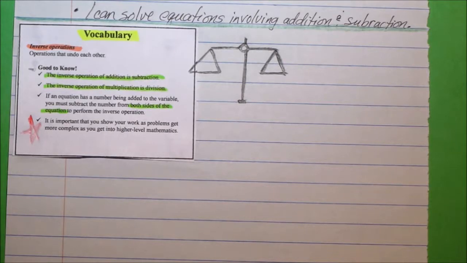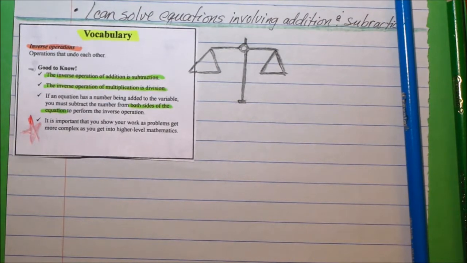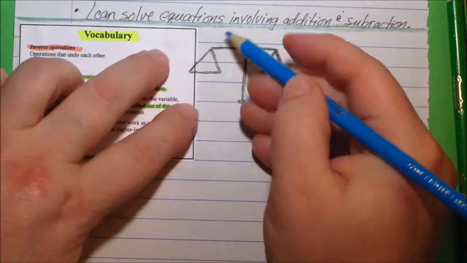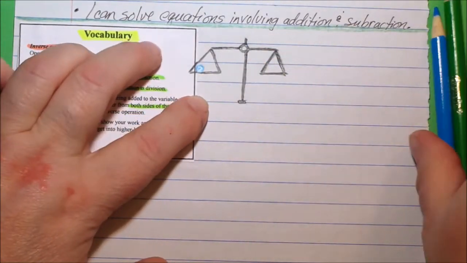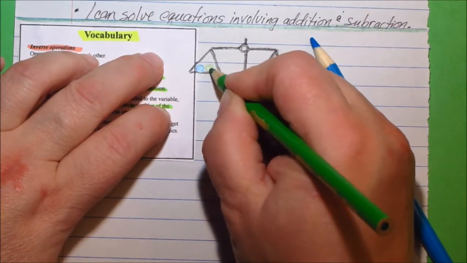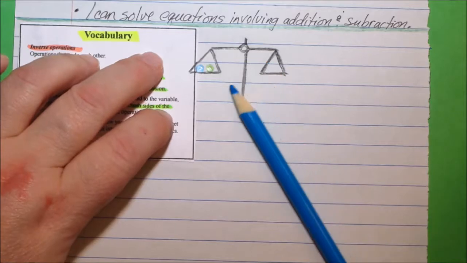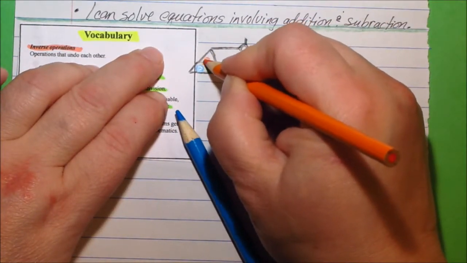Now, this scale has marbles on it that I'm going to draw with my light blue, light green, and orange. Okay? So, my light blue marble is sitting right here. And my light green marble right here. And my orange marble balanced on top. Okay?